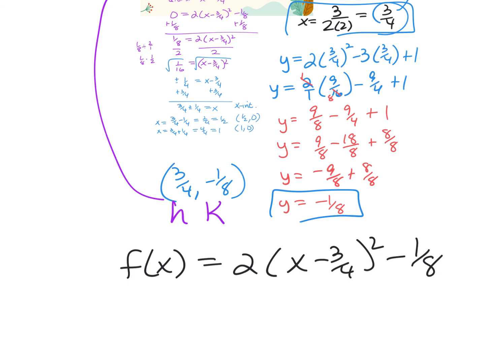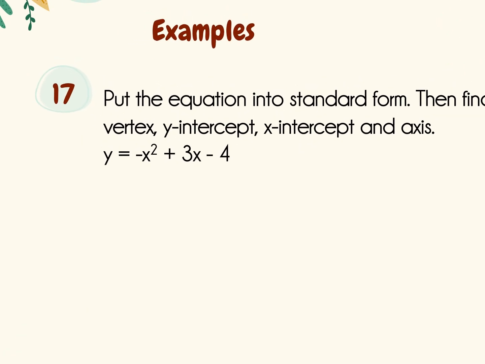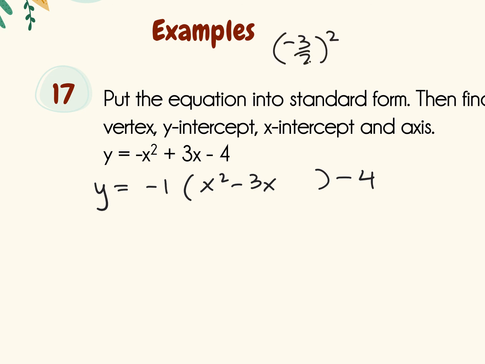And then the last example is still the same thing. We have to get rid of that negative sign in front. So I need to divide by -1 or factor out a -1. X squared minus 3x, leave a blank space, move the constant, take the b term, divide it by 2 and square it.